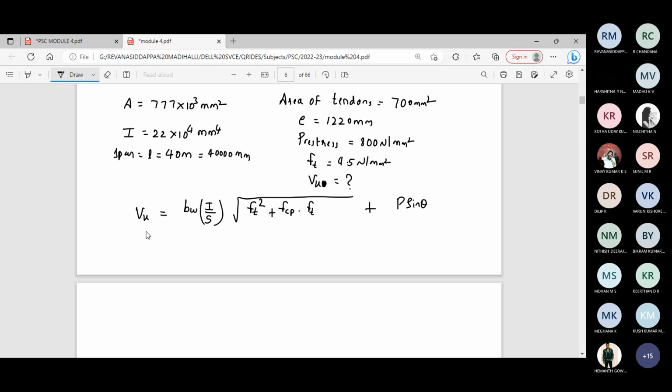P sin theta is nothing but the shear force due to the pre-stressing force.